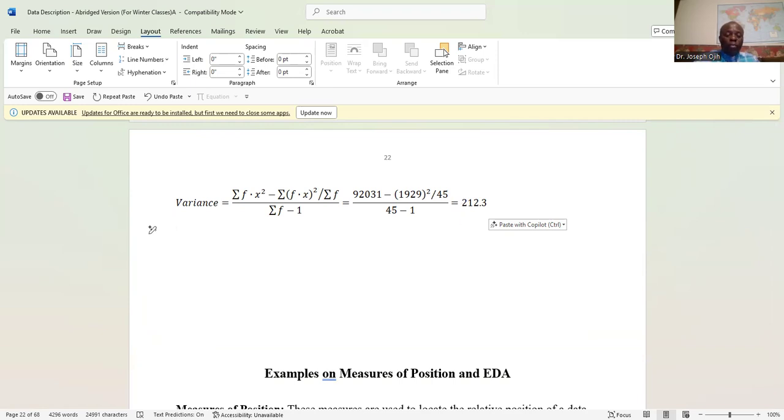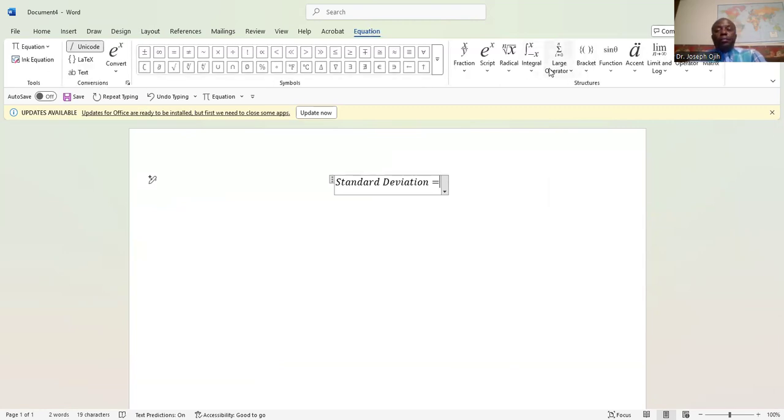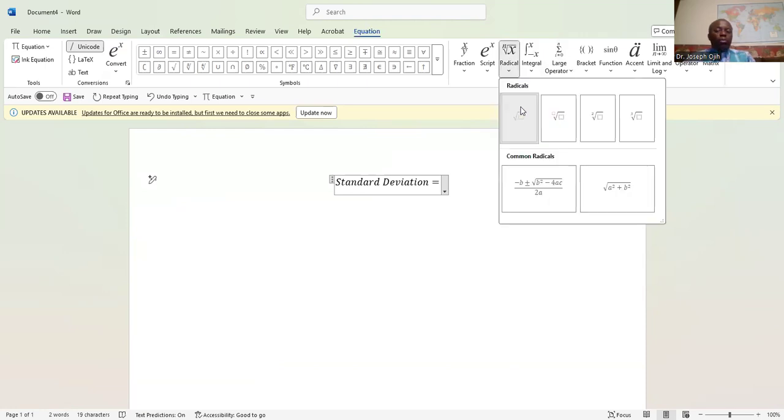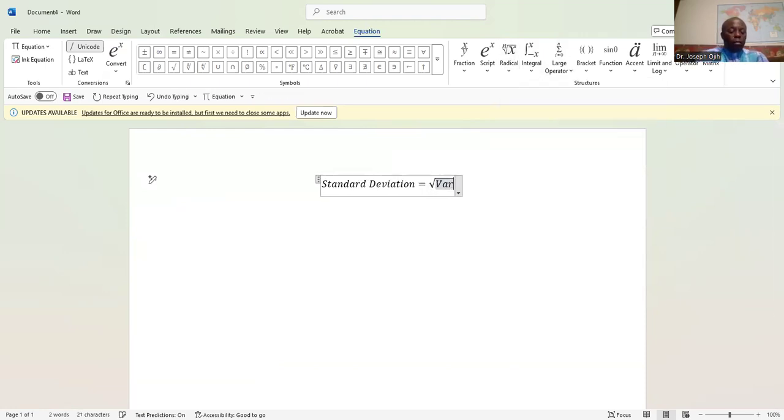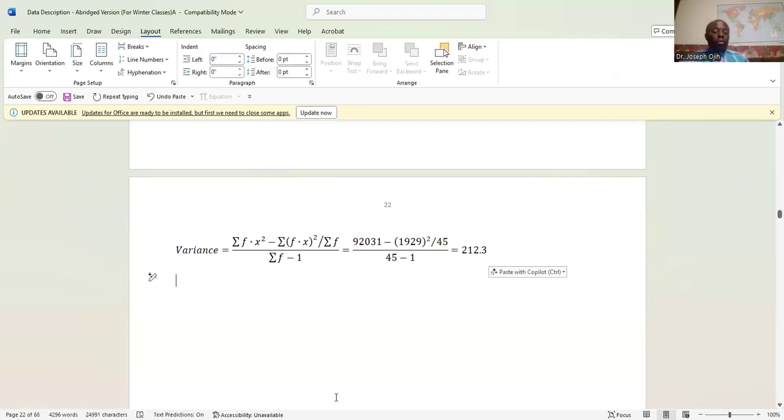So standard deviation equals the square root of variance, and we got our variance to be 212.3.